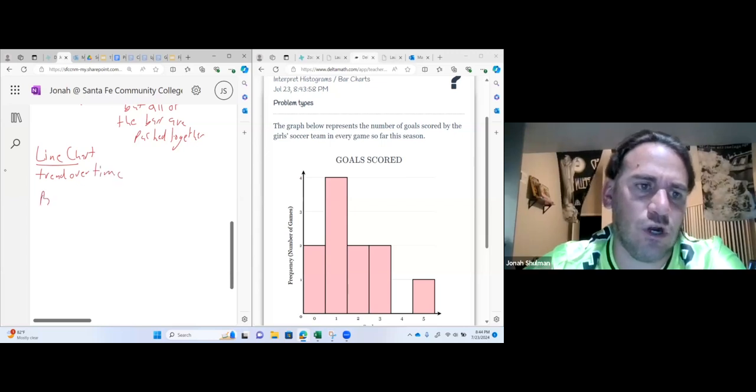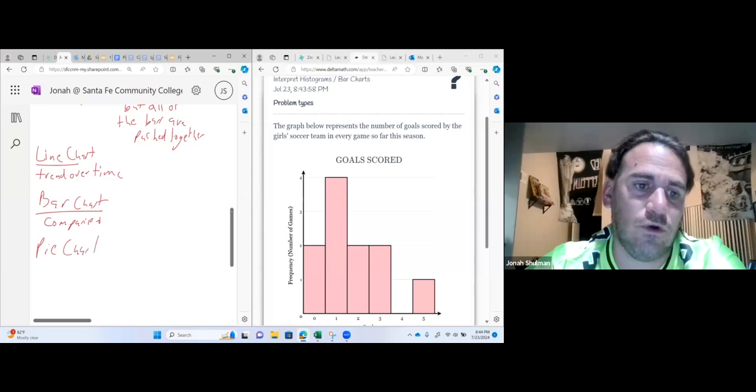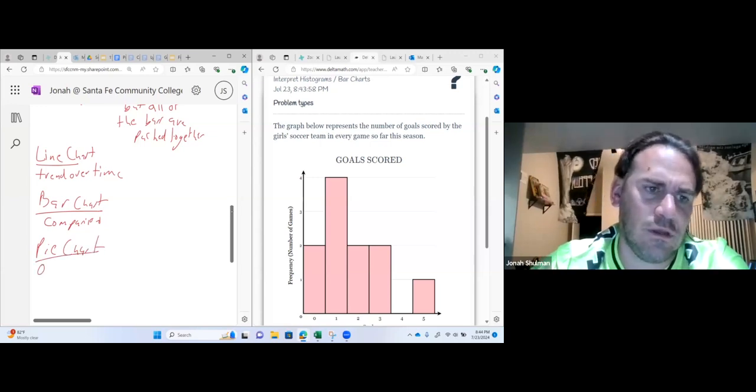If they say a bar chart, an actual bar chart, not a histogram, a bar chart is for comparisons. A pie chart or a circle chart is for out of a total. Out of a total. It's usually used for budgeting.